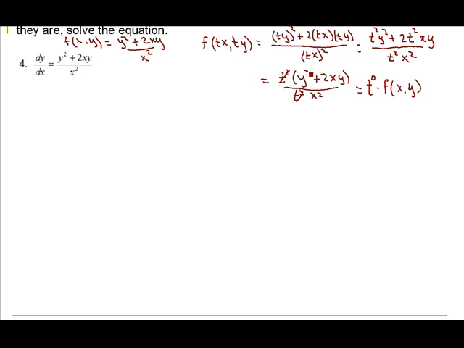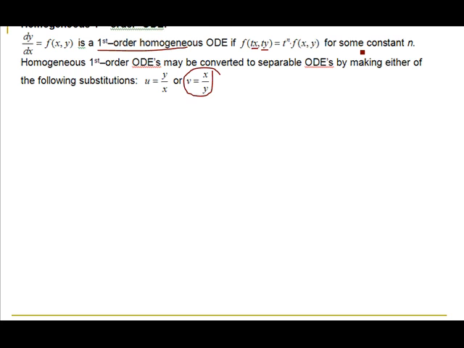So this is homogeneous because you can factor those t's out, and it is homogeneous of order 0. Okay, because it's homogeneous, we can make a substitution. And the substitution that we're going to make, we could either let u equal y over x or v equal x over y. Now let's see what our equation looks like.